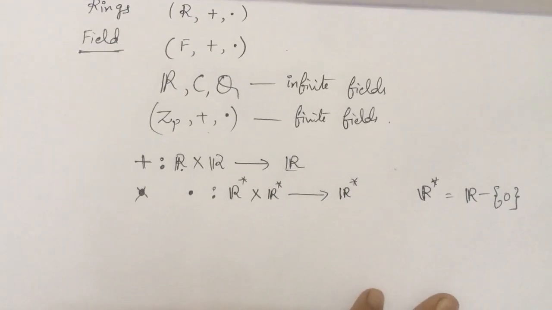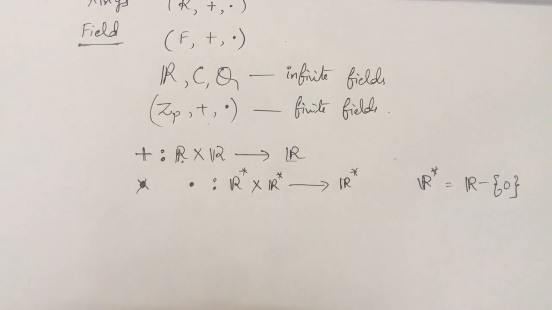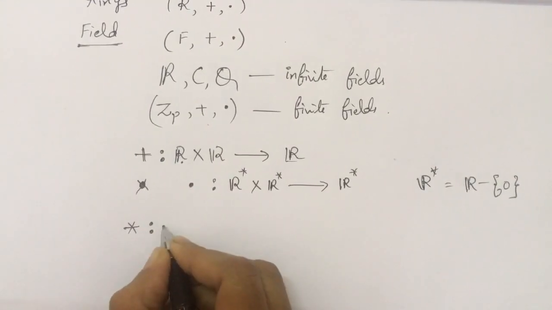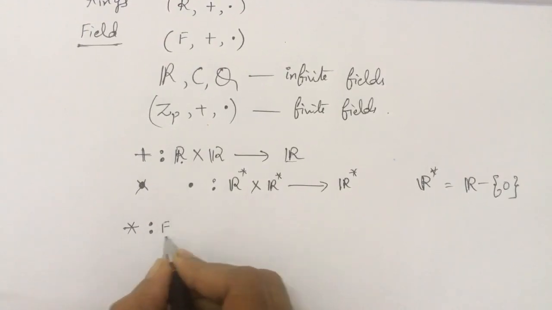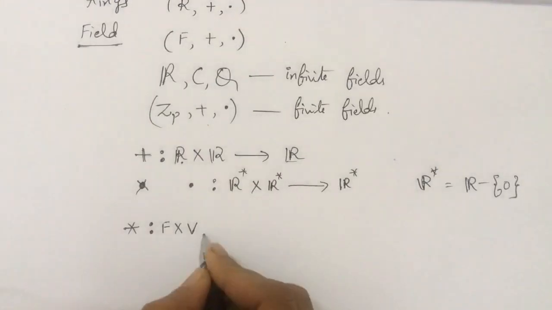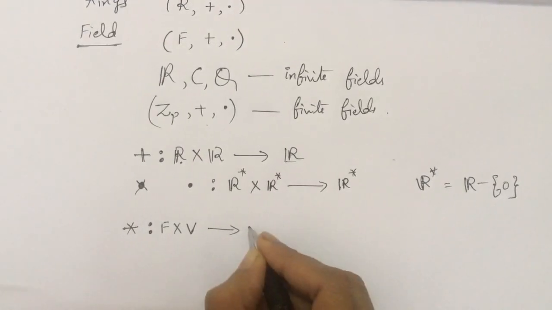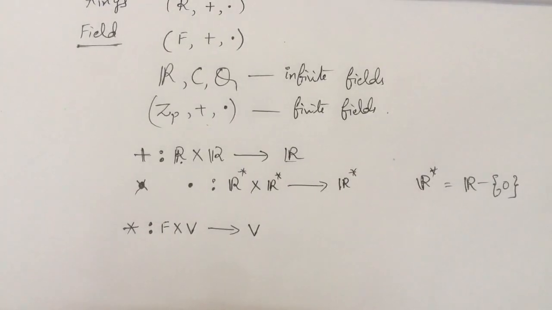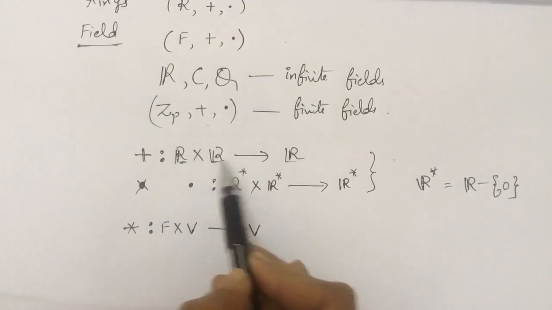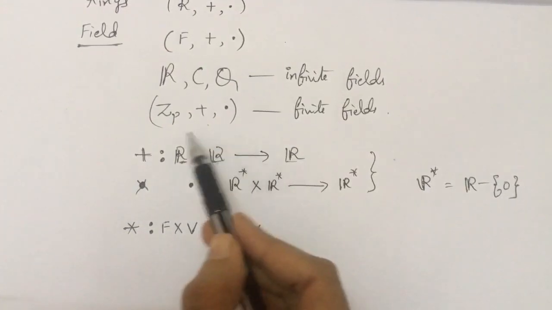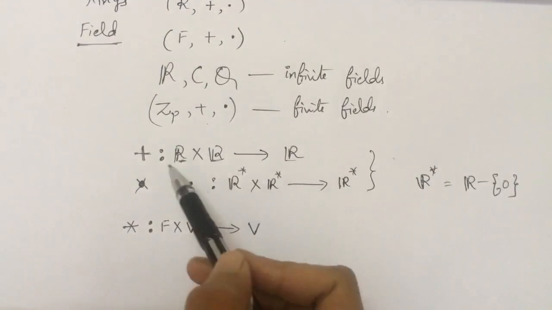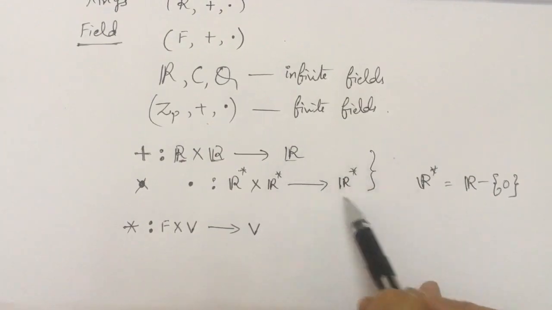But when it comes to vector space, if star is my binary operation, I'm taking two sets, one is F, let us take, and another is the set V. F cross V gives elements of the set V. See, in the earlier cases, I'm taking only one set, and from that set I'm taking elements and applying the operation addition or multiplication, and the resultant element is in this set only.